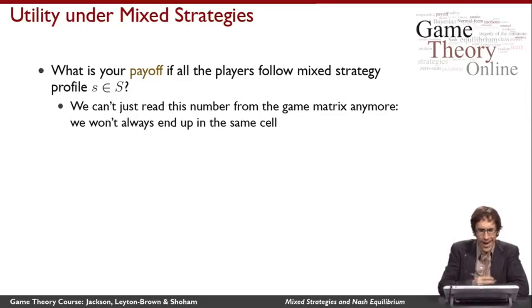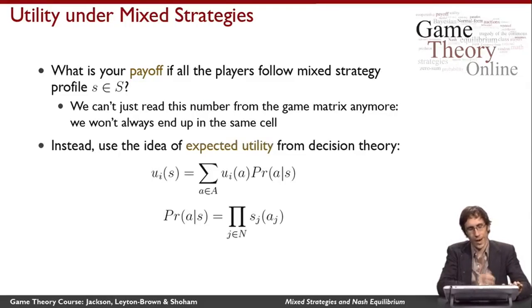That is to say, I can't just read a number out of the game matrix to figure out how happy the players are when something happens, because under a mixed strategy with a support of size greater than 1, I won't always end up in the same cell of the matrix. So I can extend my definition of utility here by leveraging the idea of expected utility from decision theory.